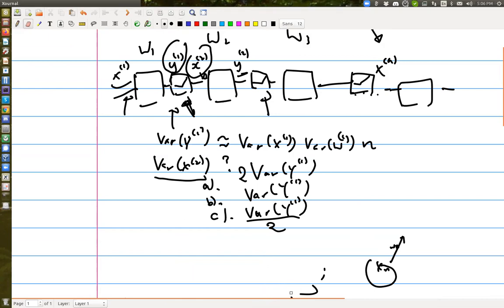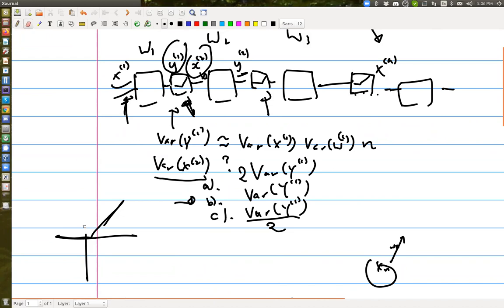First of all, B is probably not very reasonable. Think of what ReLU is doing. You have ReLU here, and you have X and Y. Note that X is zero mean and Y is zero mean, so Y should have positive and negative values.